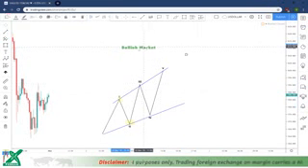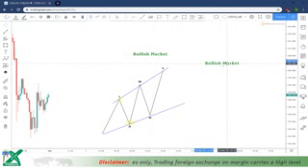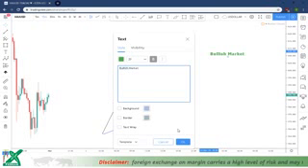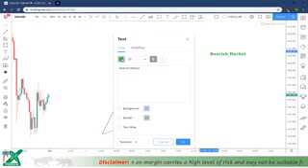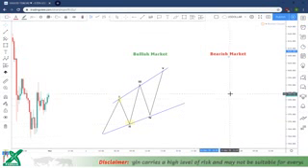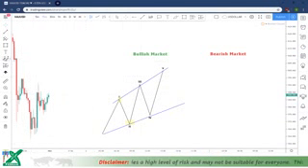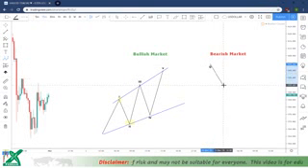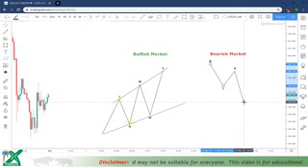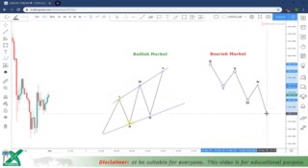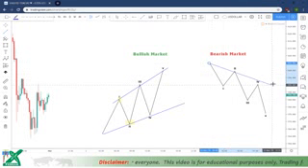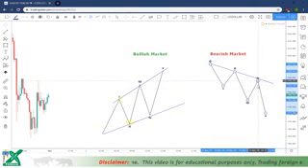In the second scenario, we get a bearish market structure, which is represented in red, in which we get opposite moves. In opposite moves we get lower lows and lower highs. This is a bearish market structure.